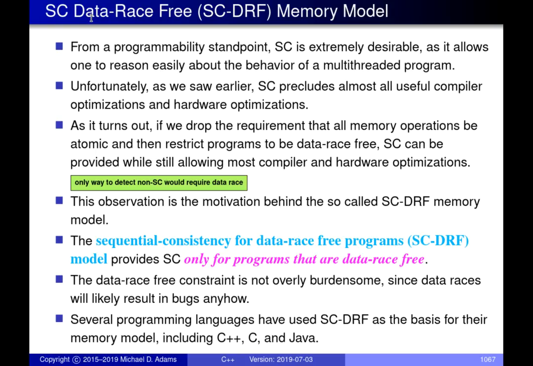So pretty much all the things that we want to do, we can do. But the benefit is that as long as you don't have data races in your program, it's easy to reason about your code. It's going to behave as if it was run on a sequentially consistent machine, which is relatively easier to reason about, because sequential consistency is a quite strong guarantee made by the system. This model is known by the acronym SC-DRF.